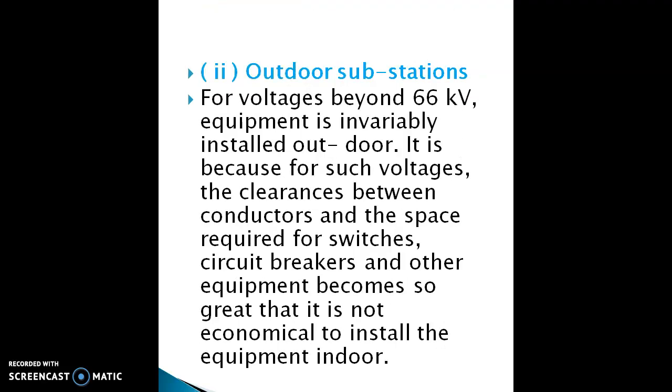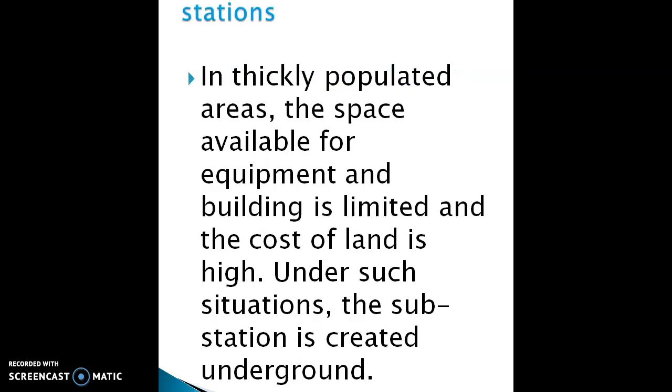For voltages beyond 66 kV, equipment is invariably installed outdoor. It is because for such voltages, the clearance between the conductors and the space required for switches, circuit breakers, and other equipment becomes so great that it is not economical to install the equipment indoor.